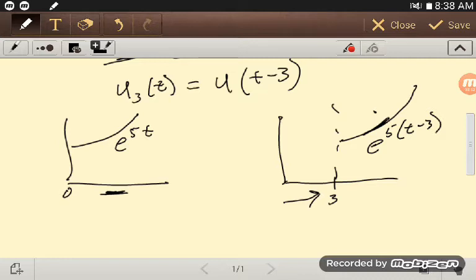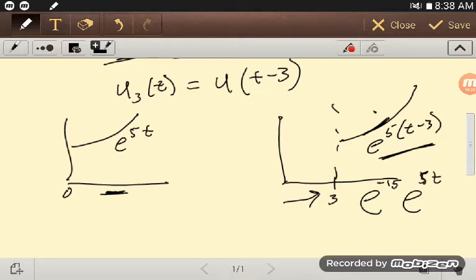Then all of a sudden we wanted to work with this e to the 5 times t minus 3 function at that point. And we don't have to write it that way. We could write it as e to the minus 15 times e to the 5t. Actually, we could write it like that, but typically you'd see it the other way to really point out that we're thinking of the shift.